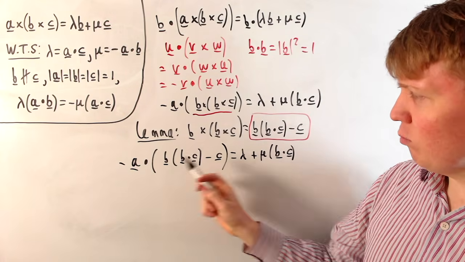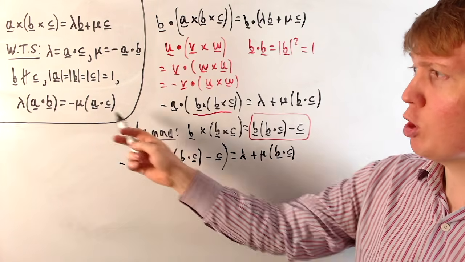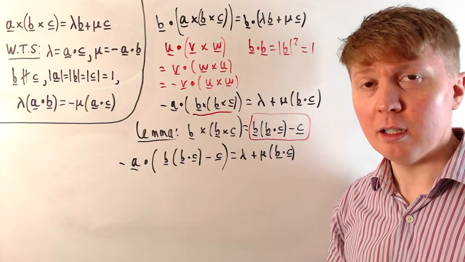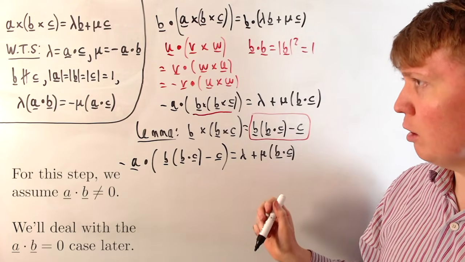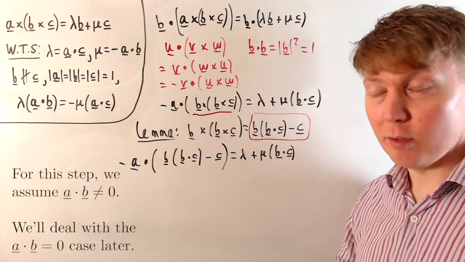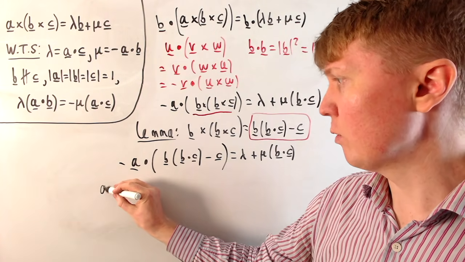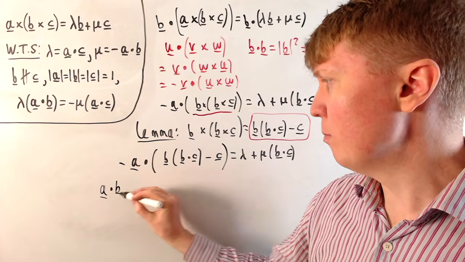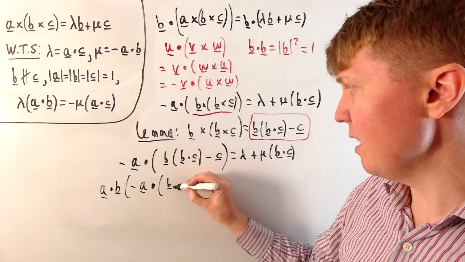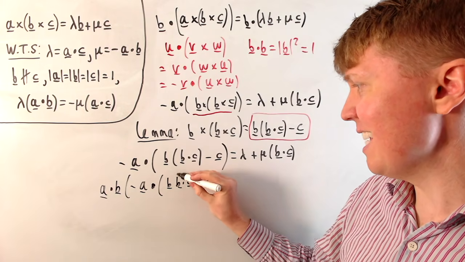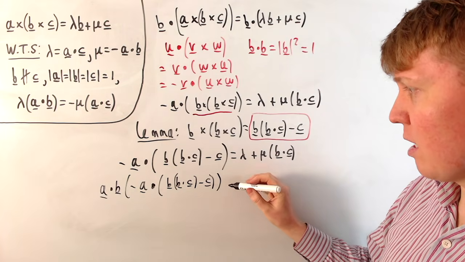But then we can actually eliminate one of lambda and mu here. You see, we've got an equation involving lambda and mu, and we've already got this equation as well. So we're going to multiply by A dot B on both sides. This is going to get a little bit complicated, but then it'll simplify quite nicely later. So if we multiply by A dot B, we've got A dot B multiplied by negative A dot, in brackets, B times B dot C minus C, and then we've got all these brackets still.